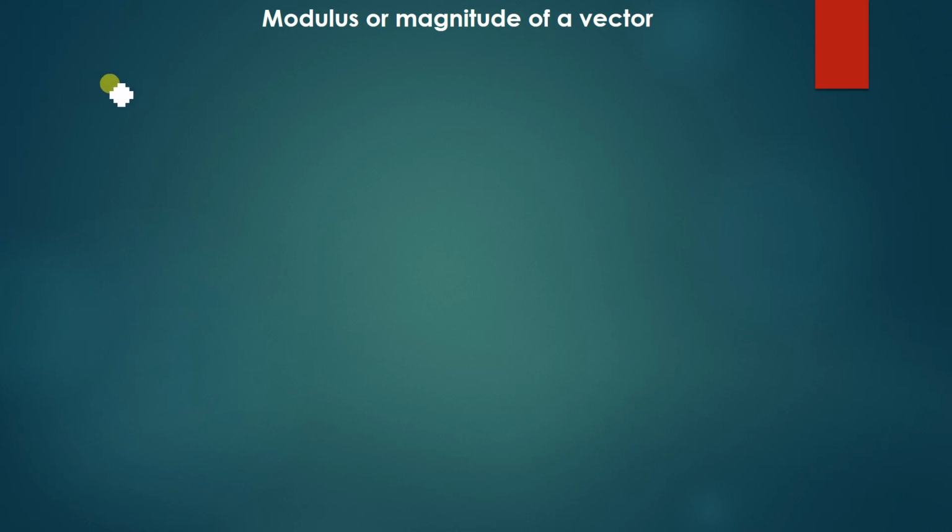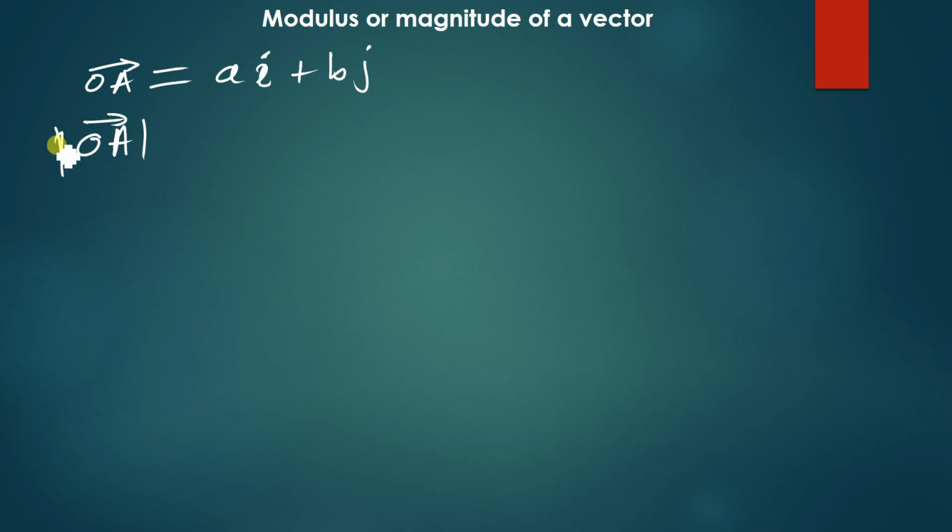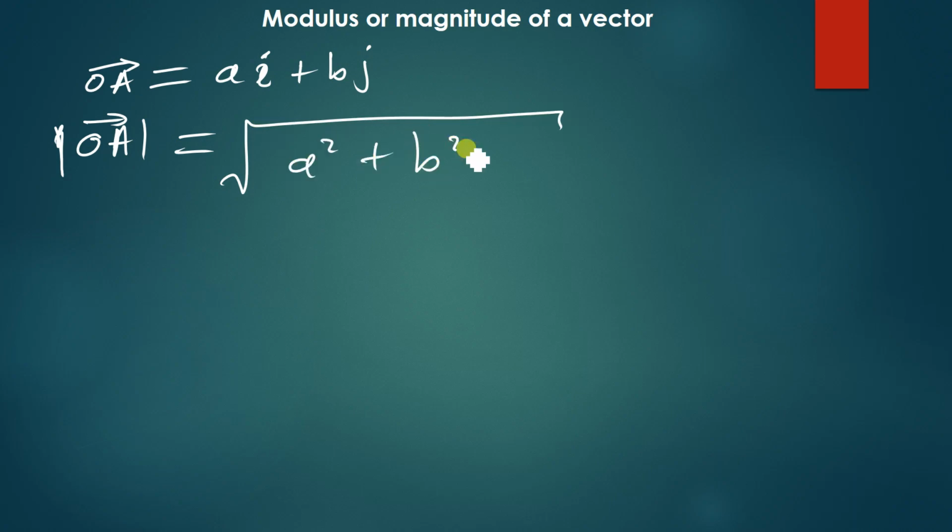So if you have been given the vector OA, if the vector OA is equal to ai plus bj, then you've been asked to find the magnitude of OA. So the magnitude of the vector OA is simply given by the square root of a squared plus b squared.